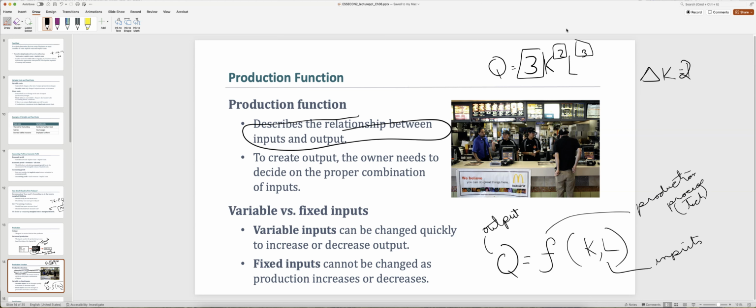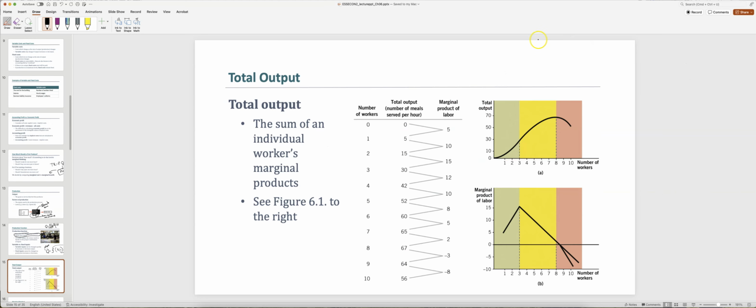And what we're seeing as well is that in this production function, some of the inputs can change pretty quickly, and some of them perhaps don't change, meaning that we have some inputs that are variable, and we have some inputs that are fixed. And so to get at this idea of what is a marginal, when you see the word marginal, you should think of it as the same as the word additional.